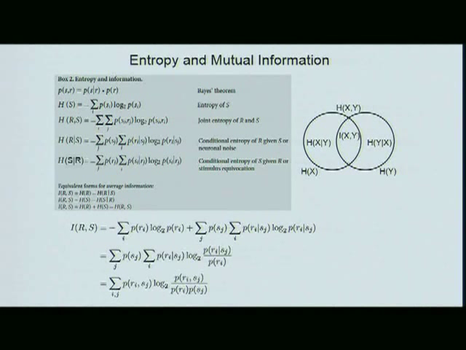And so you could say, if the stimulus and response, these two random variables, are completely independent, then the joint distribution just equals P of R times P of S. They're independent. And then P of R times P of S divided by P of R times P of S is 1, and log of 1 is 0. So the information is 0 if the stimulus and response are independent from one another, which is what you would intuitively expect, right?